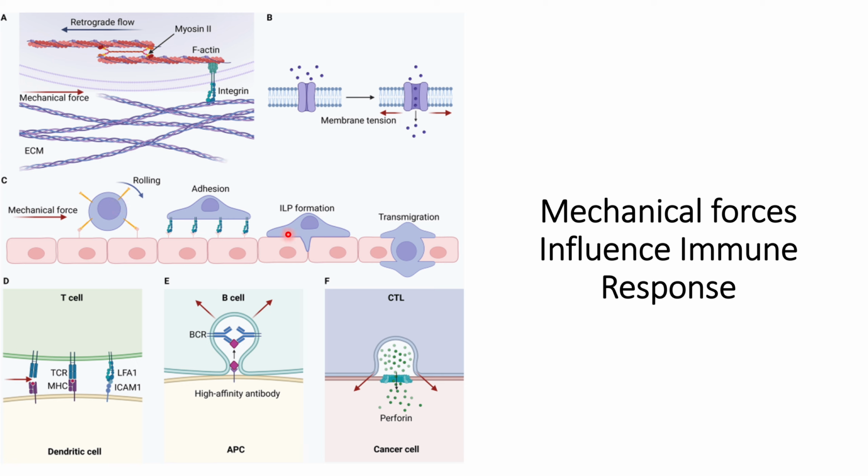And thereafter, these immune cells will act as invadopodia, which we have discussed in one of our videos, where they will degrade the extracellular matrix and help the extravasation of the immune cells.